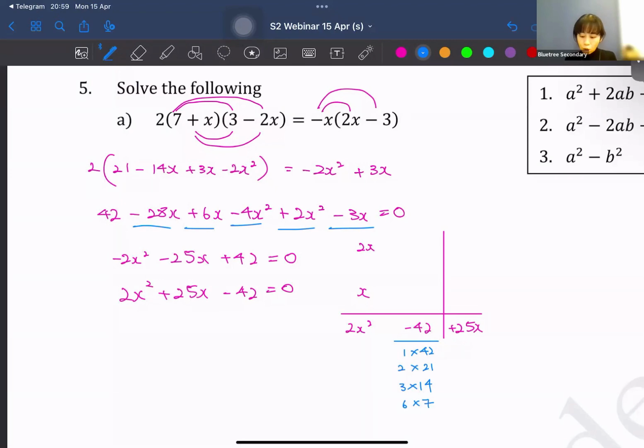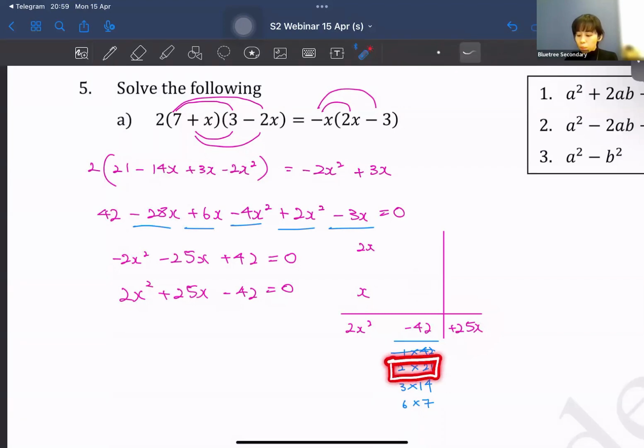I believe these are all my factors already. So I will typically start from the top of the list and see whether this pair of factor will work. In this case, 1 and 42, if I were to put 42 here and I were to put 1 here, I can never get to 25. So I know that my first pair is out.